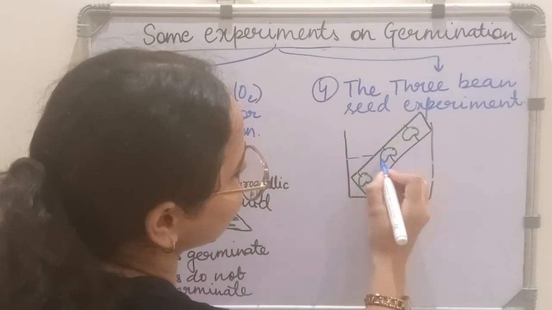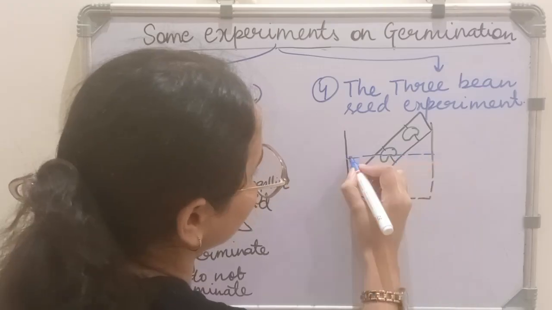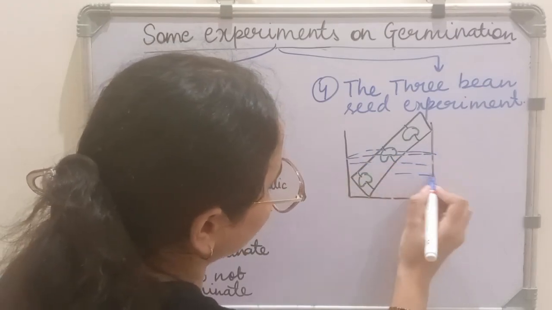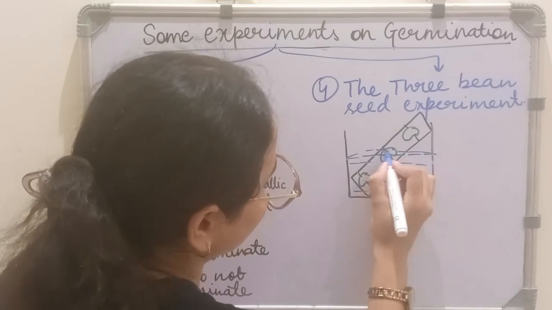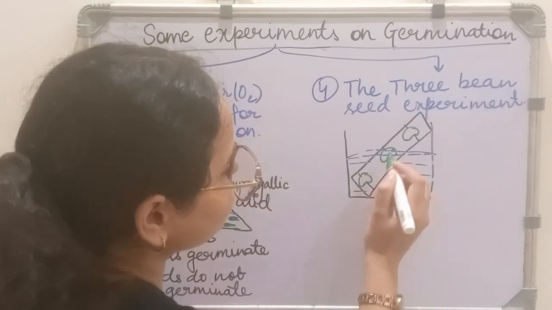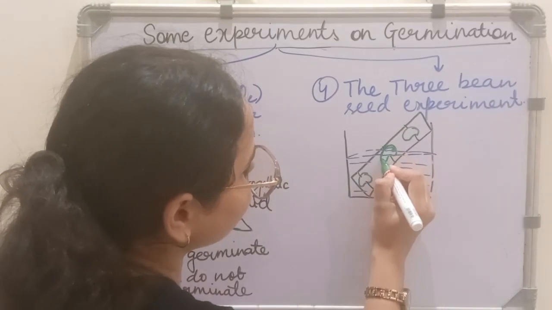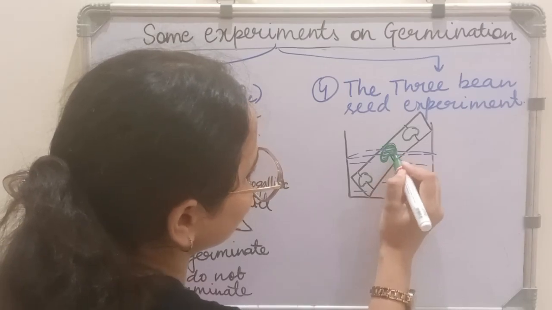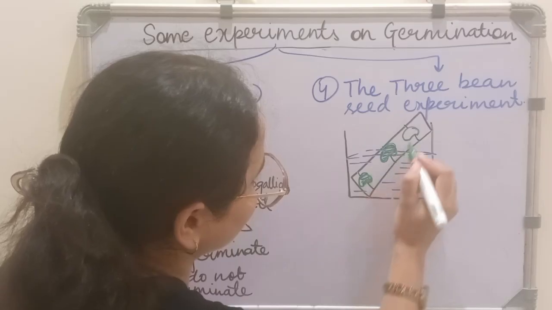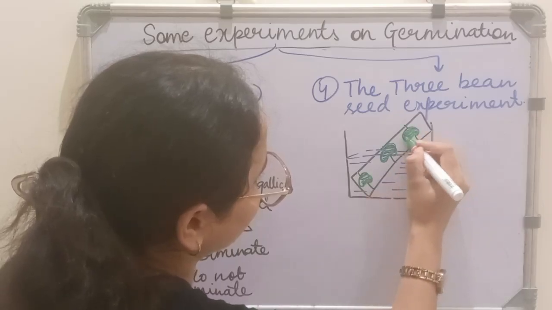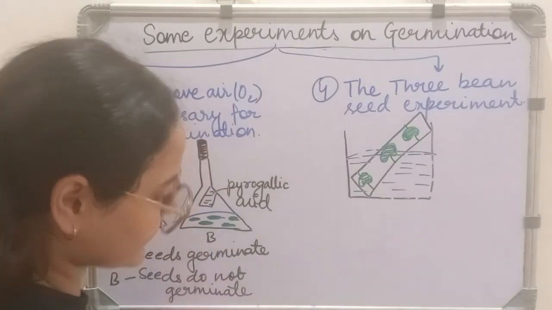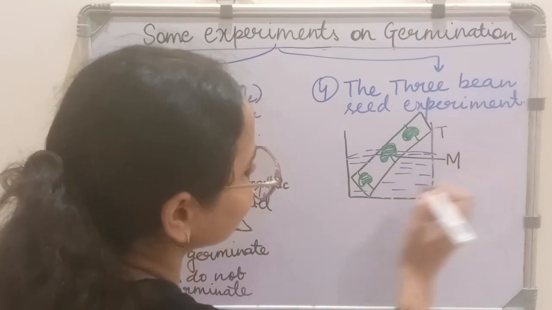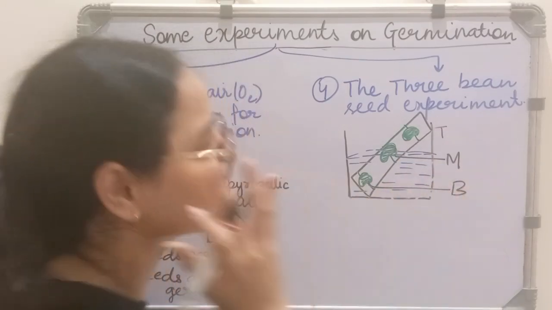We have half filled this beaker, till here. Half of this middle seed is above and half is below water. This is the top seed, this is the middle seed, and this is the bottom seed.